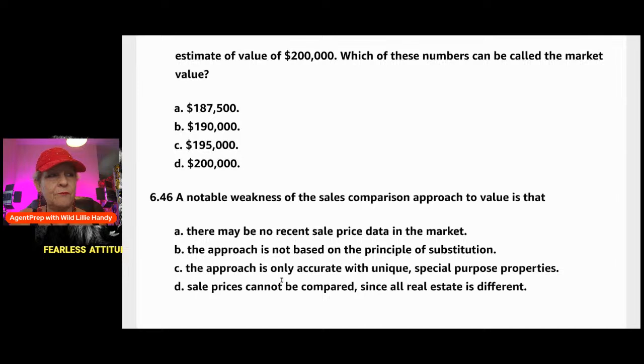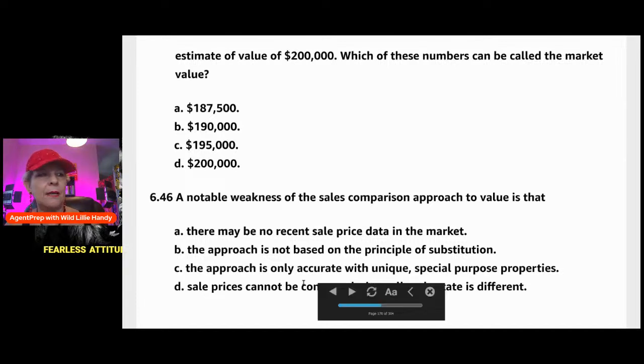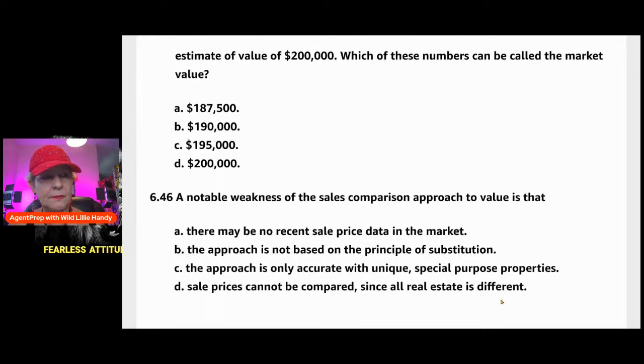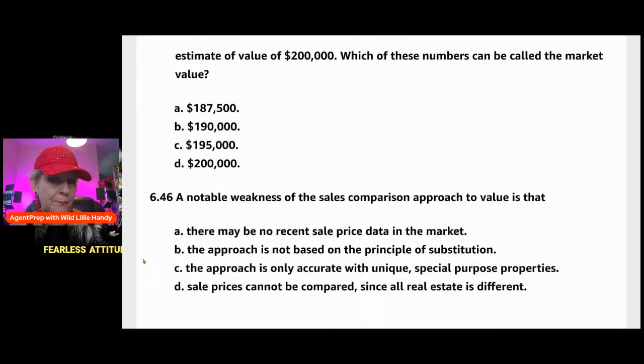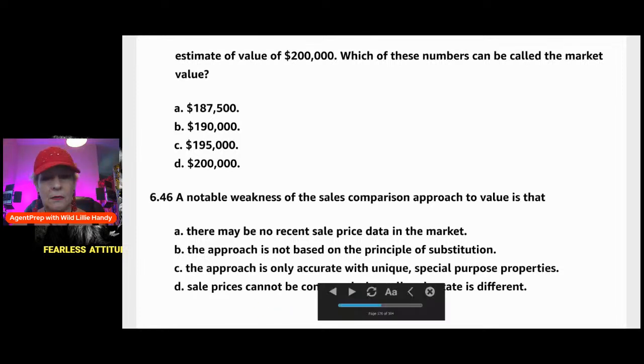But in this type of situation, those are little keywords to notice when you're looking for answers. So it's not only unique or special purpose properties, right? Because not all are special purpose properties. They're residential, commercial, industrial, agriculture, multifamily, which is considered commercial.